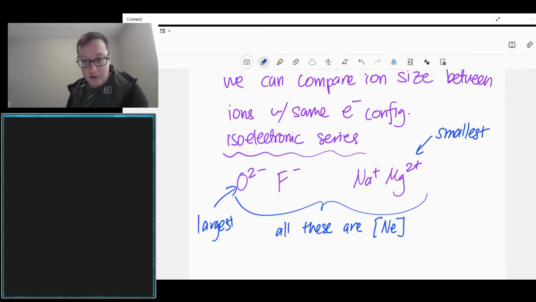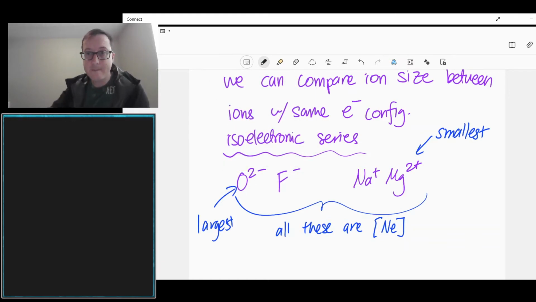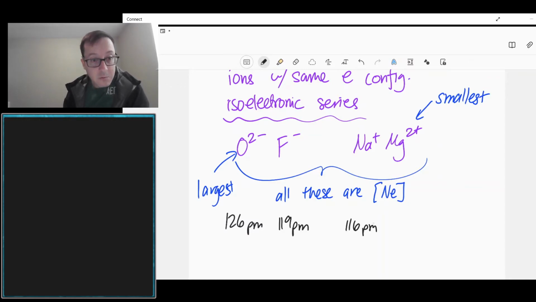All right, so these are all isoelectronic with each other. They all have neon's electron configuration, and we can very clearly make the distinction. And again, number-wise, I have the numbers here. If we were looking at oxygen, we're looking at about 126 picometers, fluoride 119, sodium 116, and magnesium 86.